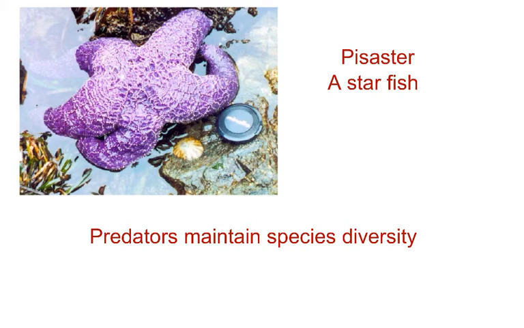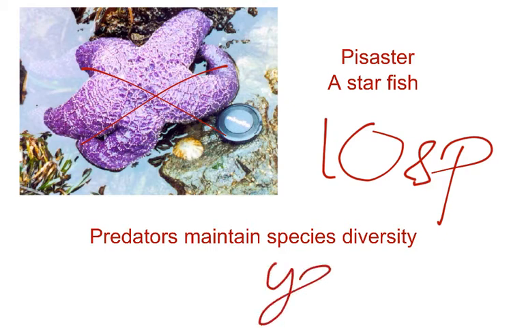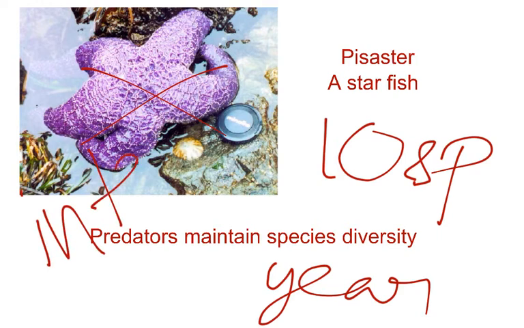In a field experiment, when all the starfish were removed from the enclosed intertidal area, more than 10 species of invertebrates became extinct within a year in that experimental area because of increased interspecific competition.